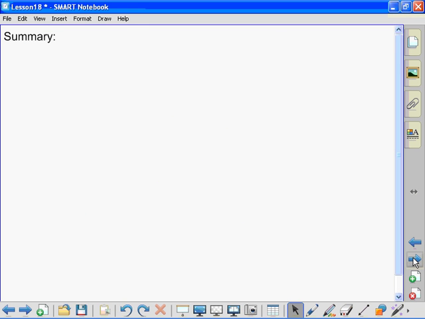So, summary. Let's just quickly talk about it, we're going to make a chart here. Vector form, parametric, symmetric, and standard.